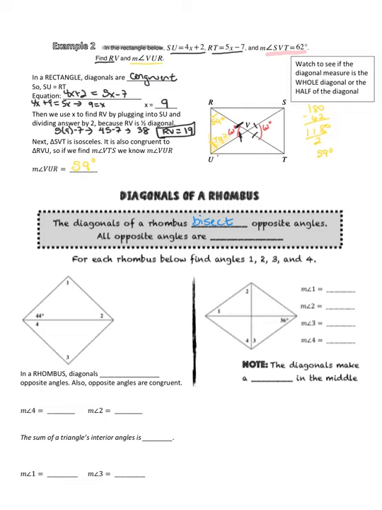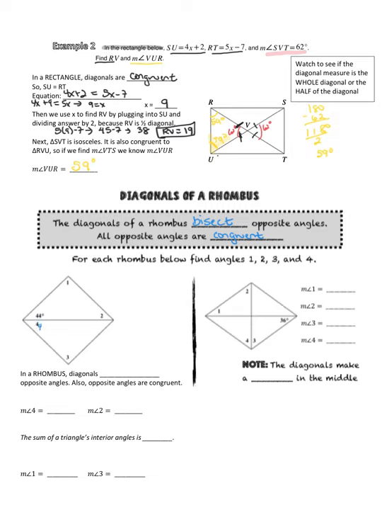So let's do the first piece. Let's do the rhombus on the left. We know they bisect opposite angles. Oh, and all opposite angles are congruent. That doesn't change. That's been a property. So if a diagonal of a rhombus bisects an angle, what's the measure of angle 4?